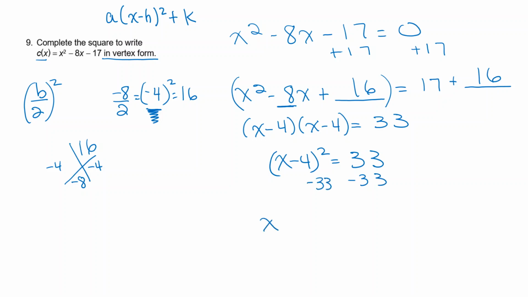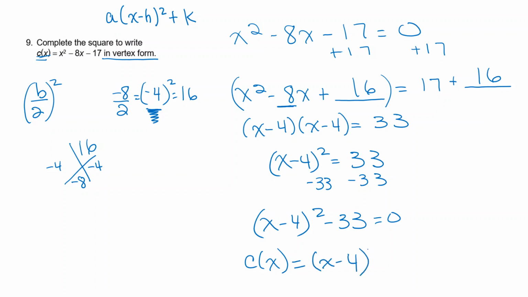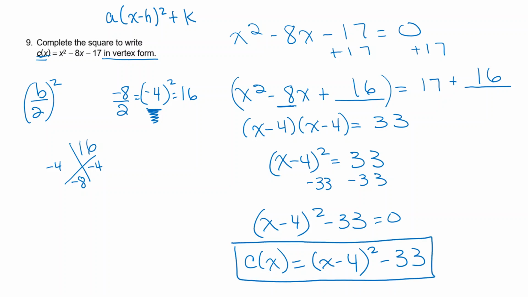So I have x minus 4 squared minus 33. And that would equal 0, or written out f of x instead of 0. X minus 4 squared minus 33. And there is your answer.